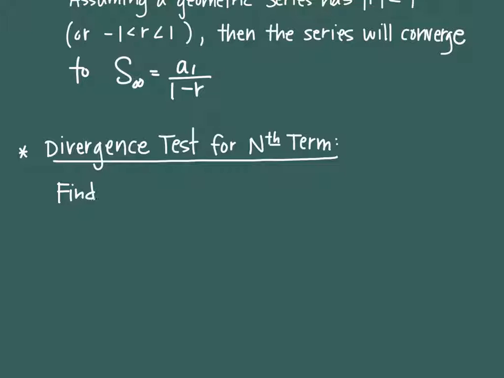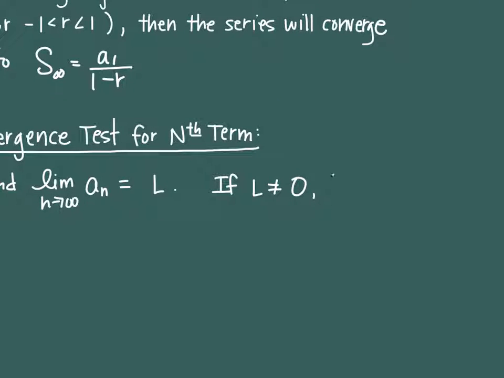This divergence test is based on the limit as n approaches infinity of a sub n, and we'll call that L. If L is not 0, so if that limit is anything other than 0, positive, negative, big, small, it doesn't matter, then the series will diverge.